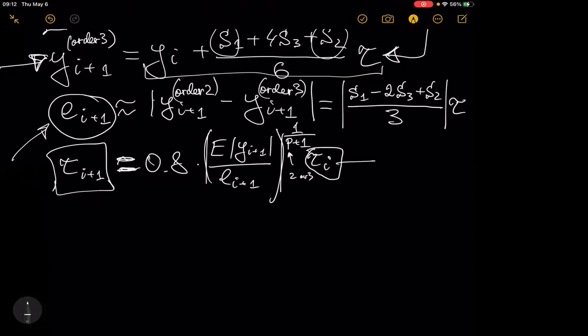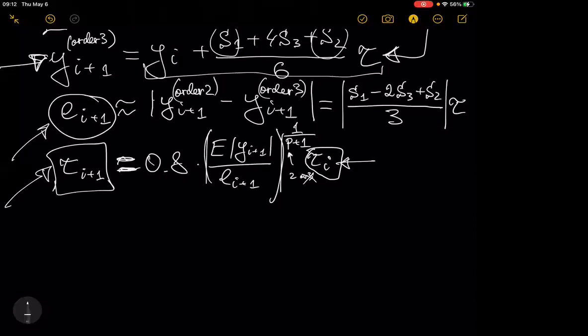If this was the time step on the previous step, this is what you use for the next step. Is it clear or not? I think it's clear. And then for e_{i+1}, the error, you just use the approximation from above. Yes, I use the higher order solution instead of the exact solution, right? Clear or not? Yeah, that's clear.